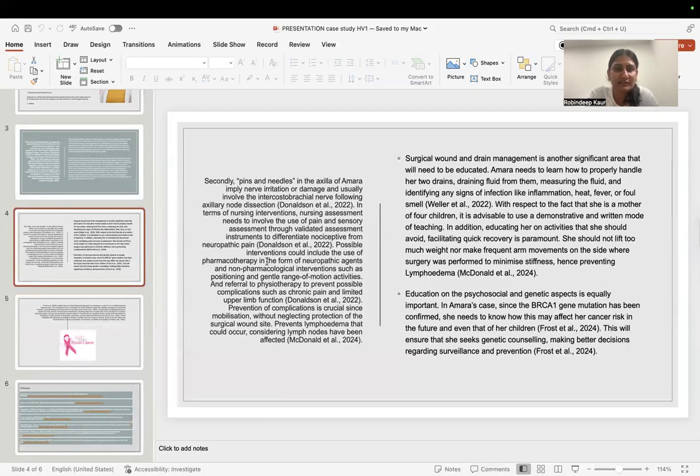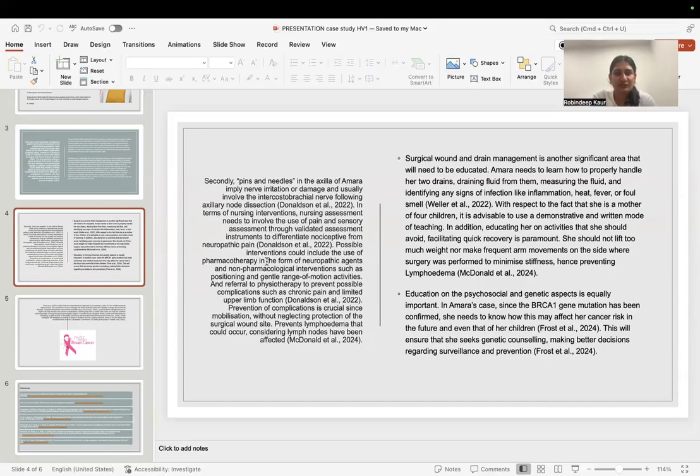Secondly, pins and needles in Amara's axilla imply nerve irritation or damage and usually involve the intercostobrachial nerve following axillary node dissection. In terms of nursing interventions, the nursing assessment needs to involve pain and sensory assessment through validated assessment instruments to differentiate nociceptive from neuropathic pain.